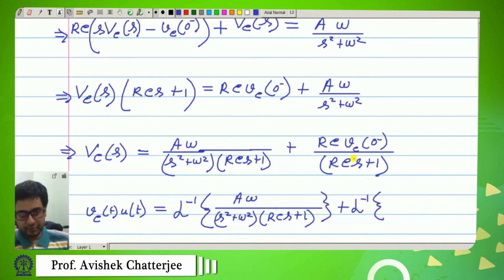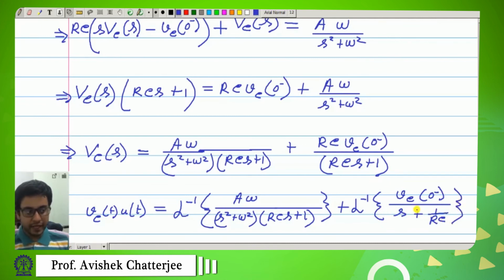Here I will divide the numerator and denominator by RC, so I will have vC(0 minus) divided by (s plus 1/RC).